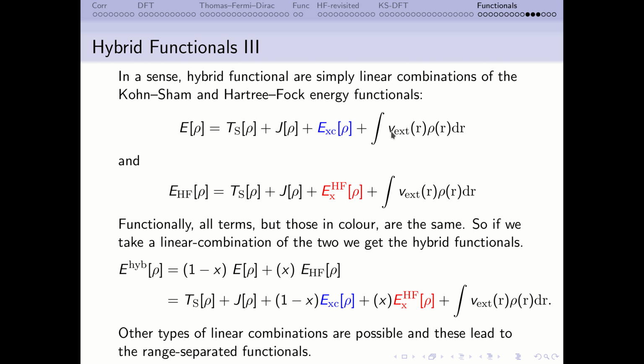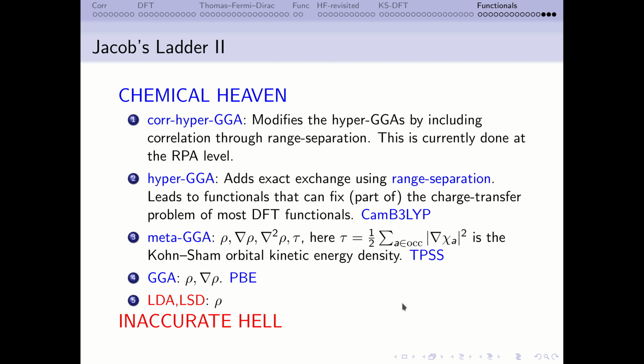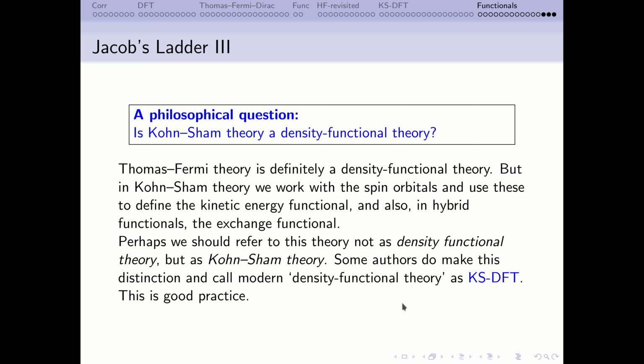And so, is it fair to call this a density functional theory? And then if you go into a hybrid functional, the Hartree-Fock exchange part is in terms of orbitals. So is it a density functional? Now Thomas-Fermi theory is a density functional theory, but modern Kohn-Sham theory, I would argue, is not.